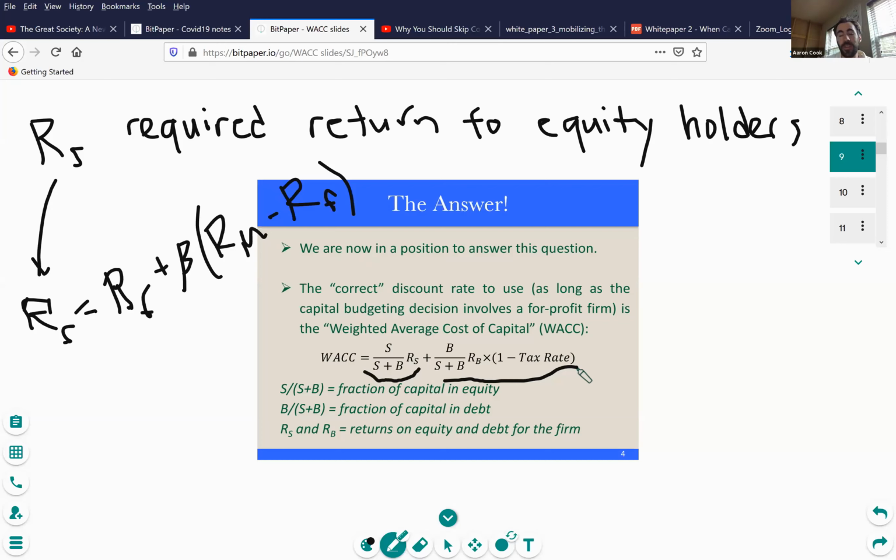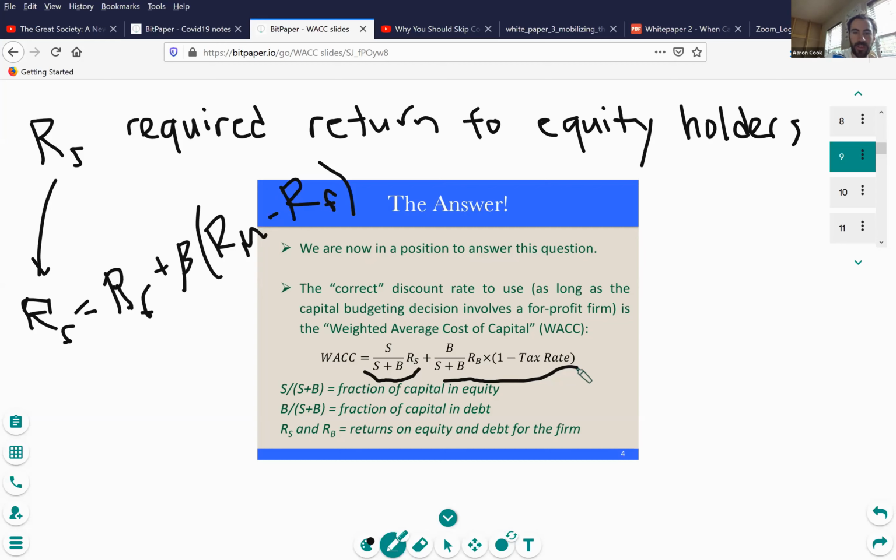But you could also think of individual projects as having shares of equity and debt, where some fraction of the funds came from owners, whereas some fraction came from bondholders, or the firm went out into bond markets and borrowed money to finance that project.